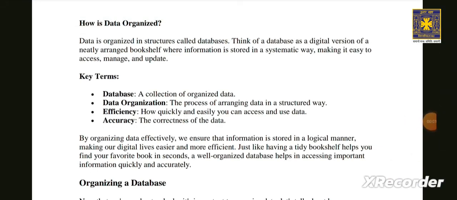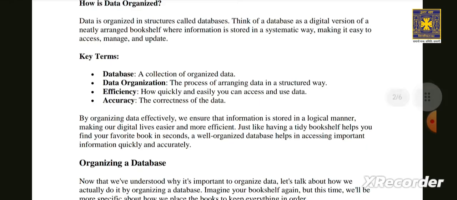And let's explore how data is organized. Data is organized in structures called databases. Think of a database as a digital version of a neatly arranged bookshelf. Just like a tidy bookshelf, a database stores information in a systematic way, making it easy to access, manage, and update. Here are some key terms to understand.